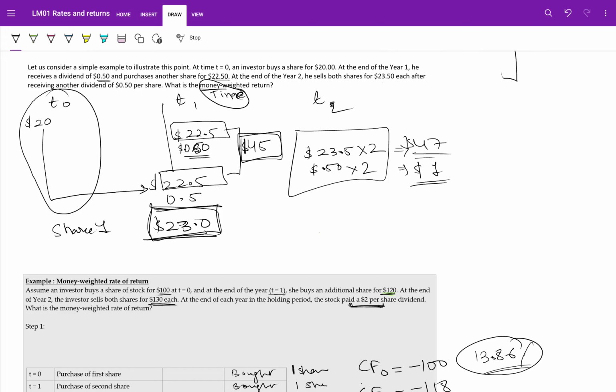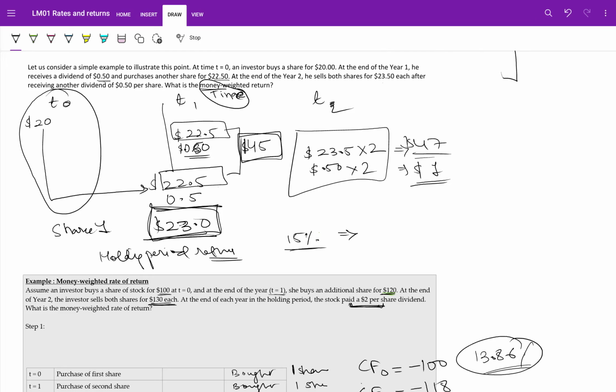Now we need to calculate the holding period returns for each year. The portfolio value starts at 20 and ends up at 23. So this means the holding period return is 15%. How do we calculate the holding period return here?